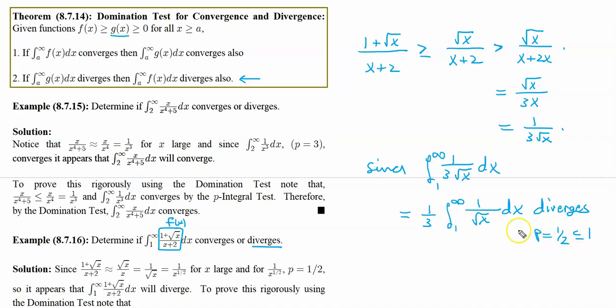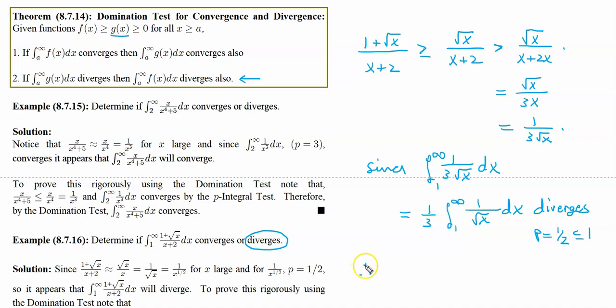And so by the p integral test, this diverges. And since this is smaller than what we started with, we can conclude that our integral over here will, in fact, diverge. And there you go, we are finished.